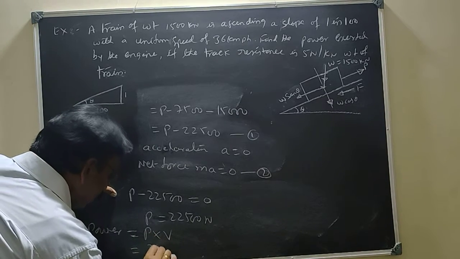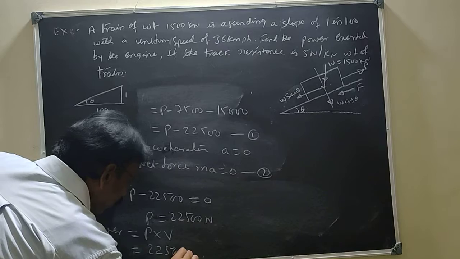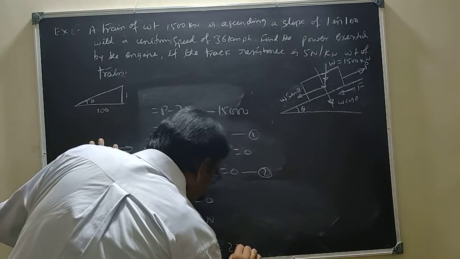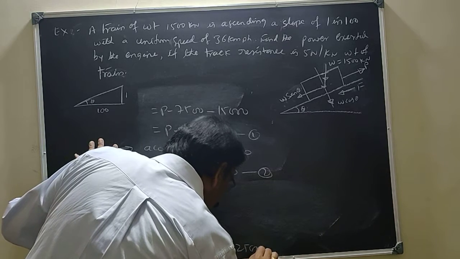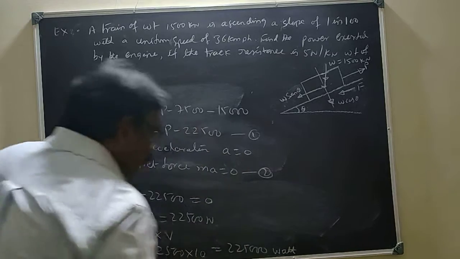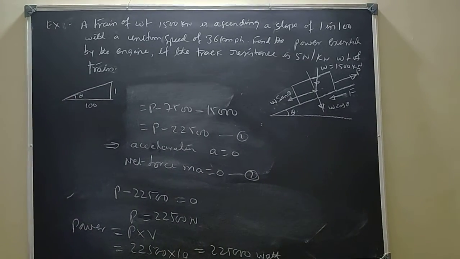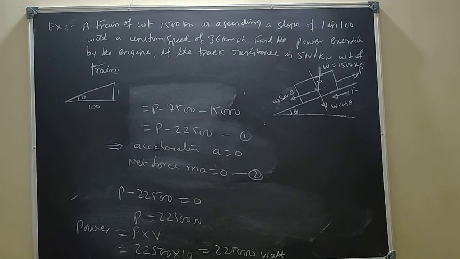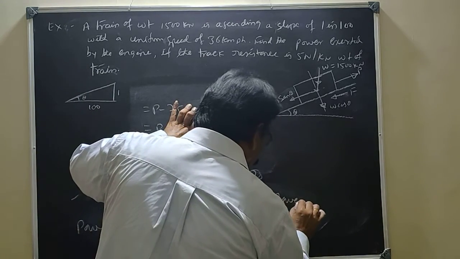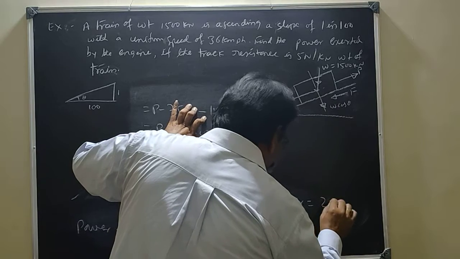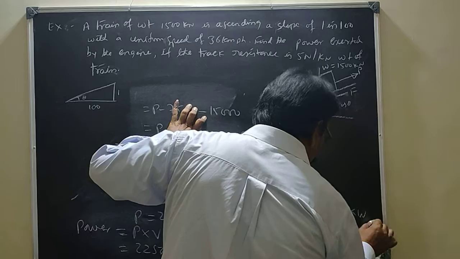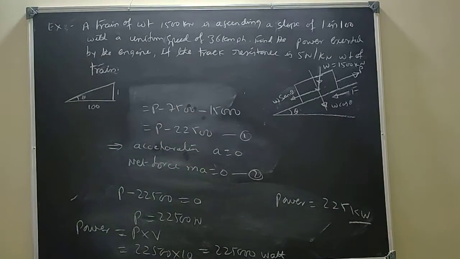So that is equal to 22,500 multiplied by 10, which works out to be 2,25,000 watt, or 225 kilowatt. So this is how one has to calculate.